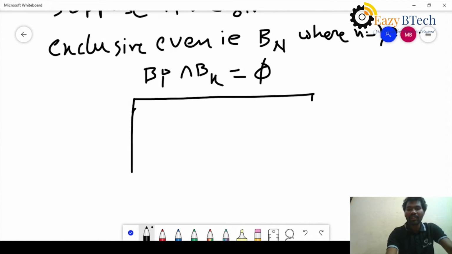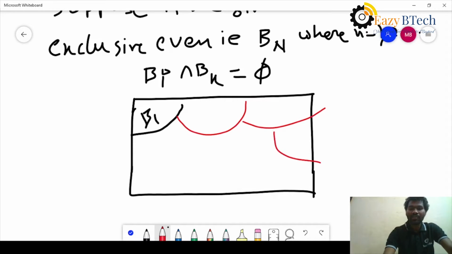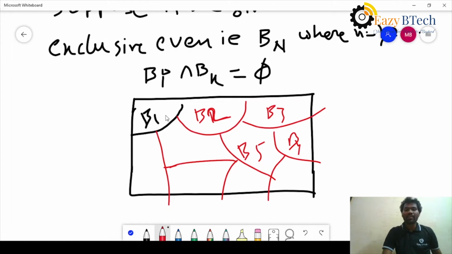Suppose you take the Venn diagram like this, and assume this is B1, this is B2, this is B3, B4, B5, B6, and so on. You can assume any number of events. If you see, there is no common event between 1 and 2.